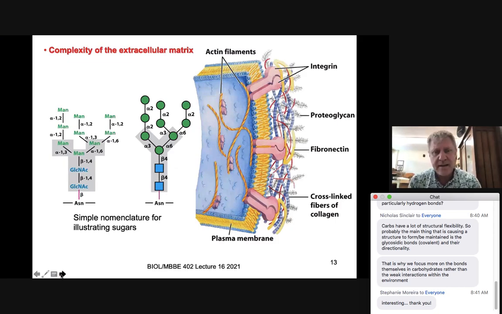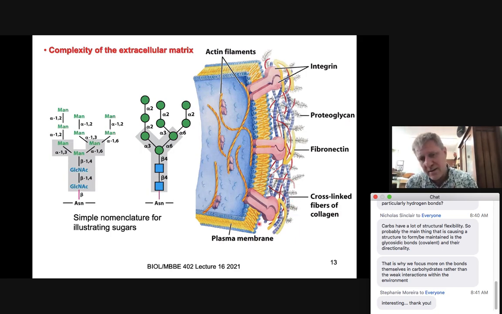So let's have a look at some of the components that we see in the complexity of the extracellular domain or cellular matrix. We've already come across our actin filaments. Remember, we've talked about actin and myosin interactions, but actin can also be utilized as a temporal rope or coordinator with different integrins. Integrins are these proteins that span the membrane, and they're going to be decorated by the proteoglycans and the fibronectin proteins to give you this very large surface area and cross-linked collagen fibers to give you the strength.